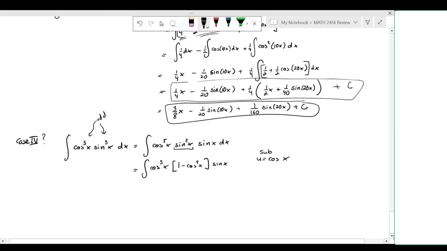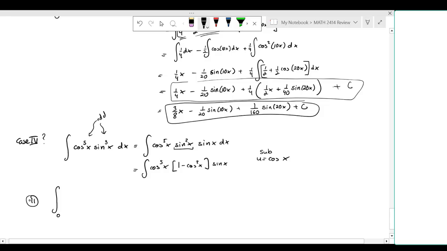So maybe I should do an example, yeah, let's do that before we talk about secant and tangent. Well, this is an interesting one, I guess.